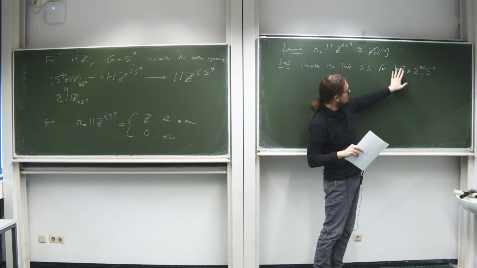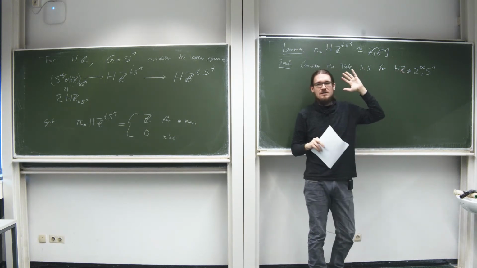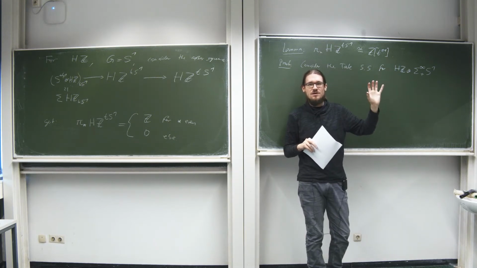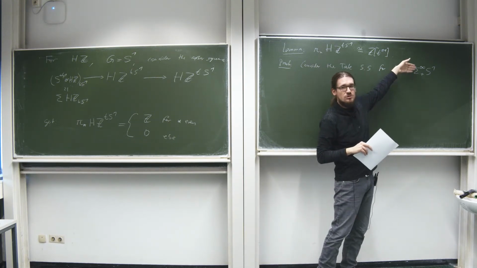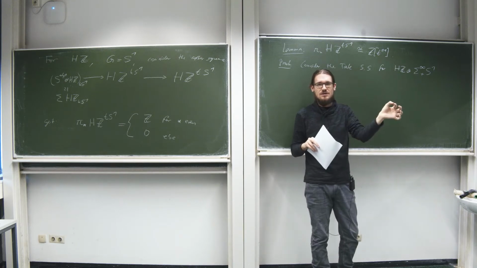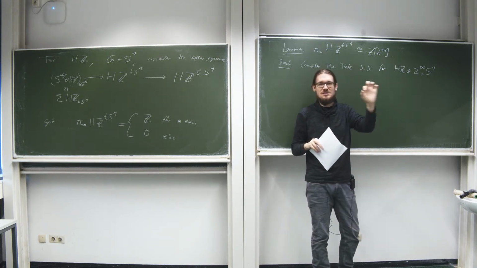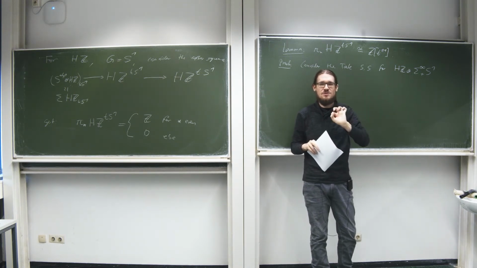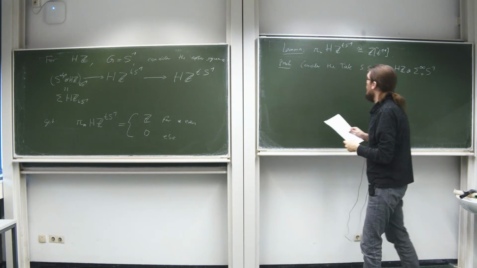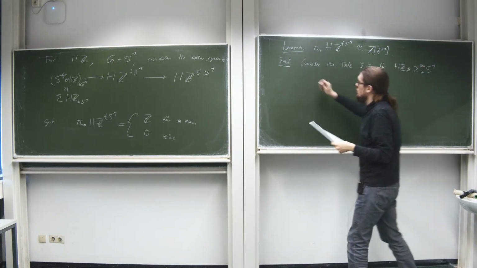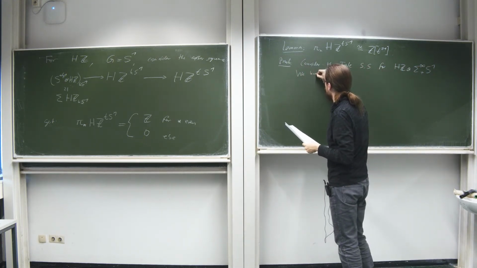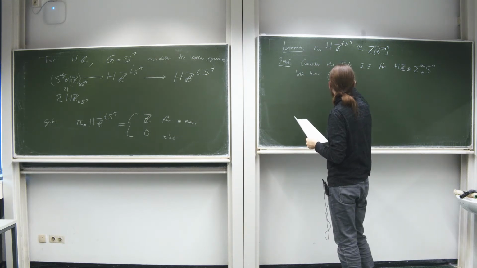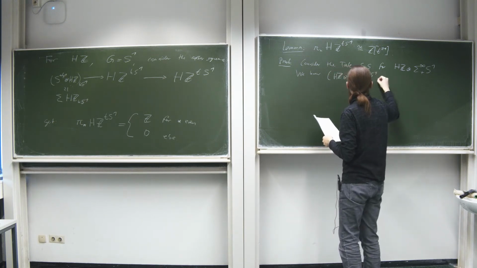Because it comes from just the spectrum HZ by tensoring with the free S1 module. So this is exactly what this induction does, the left adjoint to the forgetful functor from spectra with S1 action to just spectra. And we know, therefore, that Tate S1 of this guy is 0.